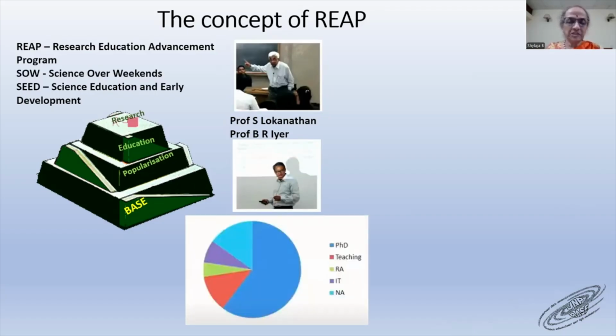Effectively, we have only about 25 students per year, and out of the 100 or odd students who made it to the final year of REAP, I am having some statistics. More than 50% of them have taken up PhD programs, not only in astronomy or astrophysics, but in other branches of science also.